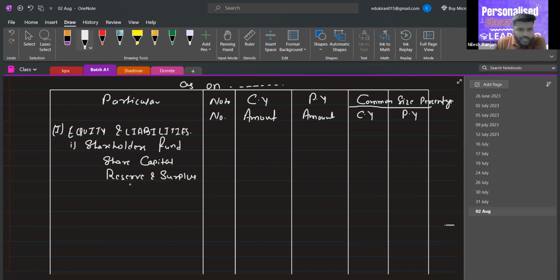Okay, share capital, reserve and surplus, and non-current liabilities. Under non-current liabilities, there is, you will see the question.